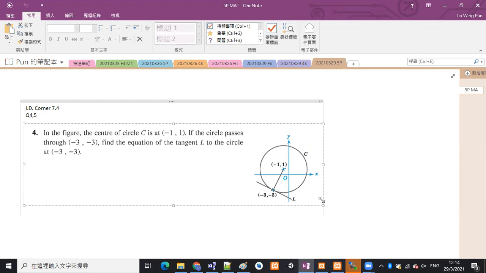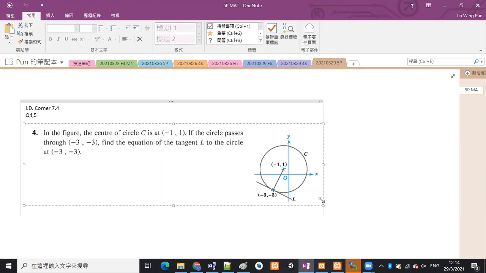What type of things are we going to find? The equation of the tangent L, that is the equation of a straight line. Can you get my idea?